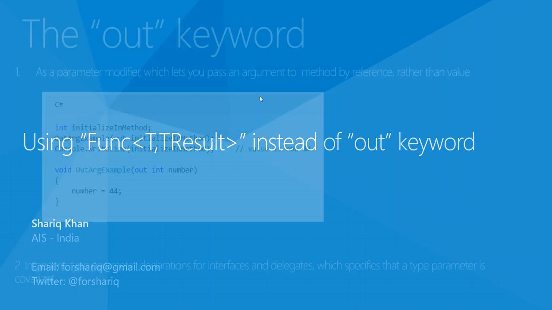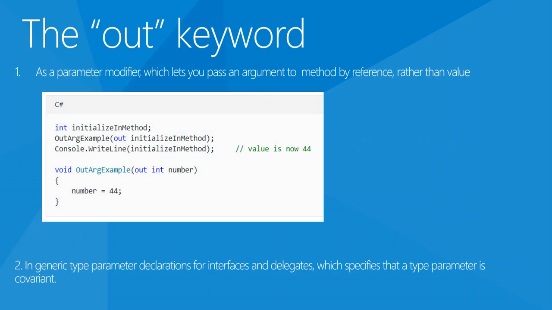So let's have a brief overview of what an out keyword actually is. The out keyword is used as a parameter modifier which lets you pass an argument to a method by reference rather than by value. I have an example here which takes an argument that is an out parameter.